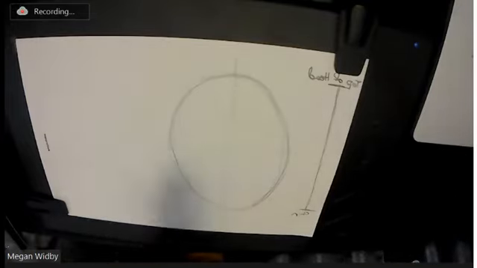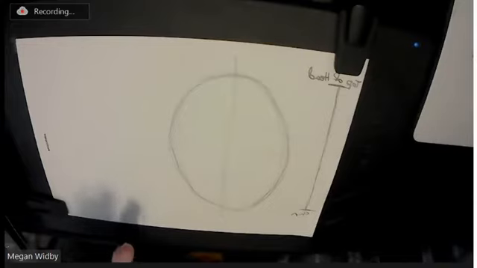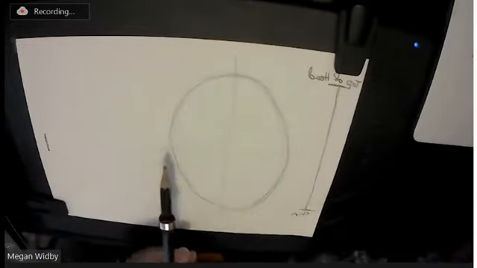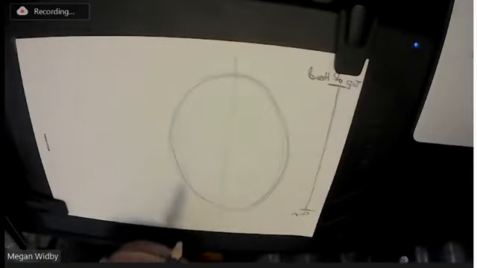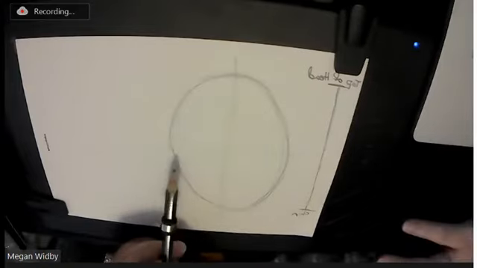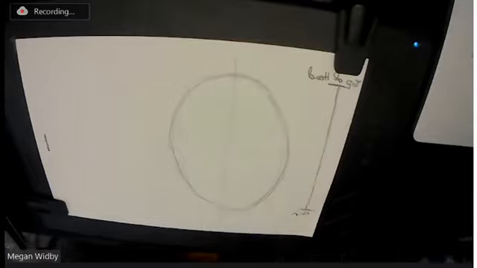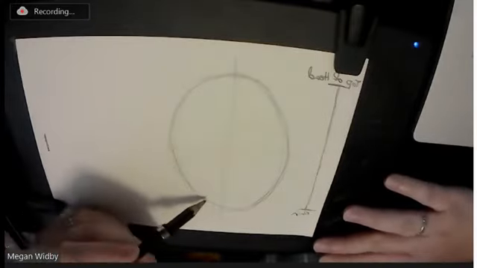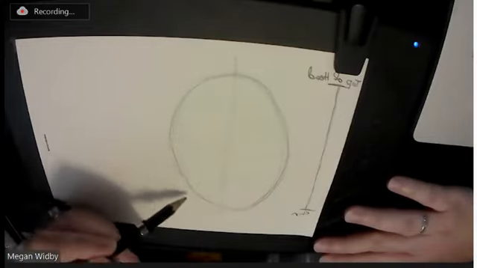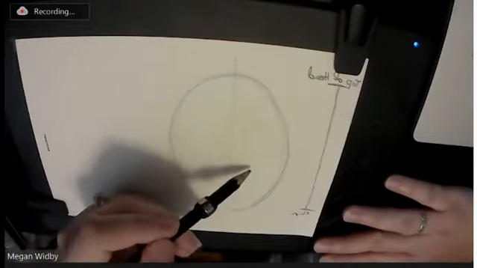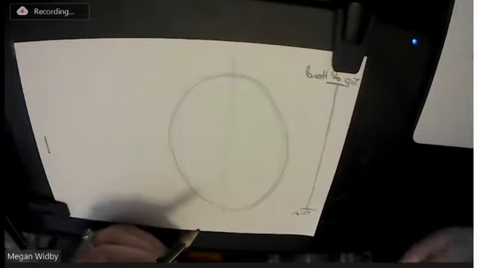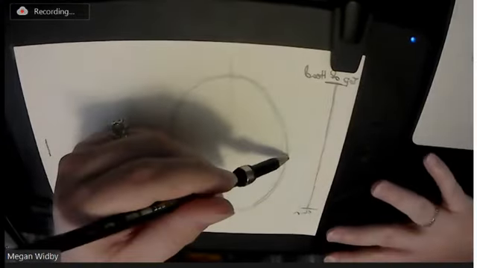So we've got the rough shape of our head so far. This middle line eventually is going to be the foundation for our facial features. But since we're just looking at the overall shape of the head to start with, we can come down to the bottom half here, and we can start to adjust this bottom half so that it looks more like a specific person.